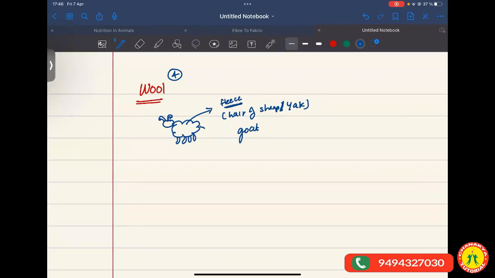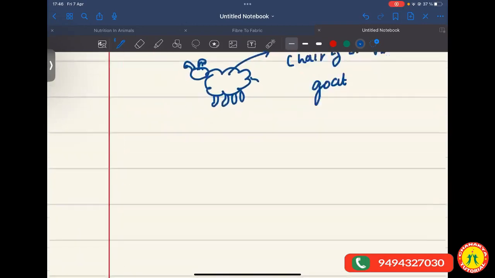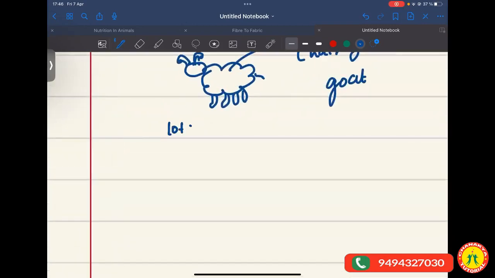Okay, so you know that wool is thicker than cotton. The more the quantity, the more the thickness, the more the trapping of air. So they have lots of hair or fleece.